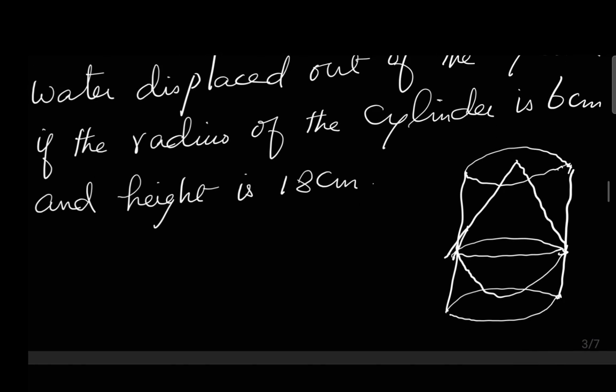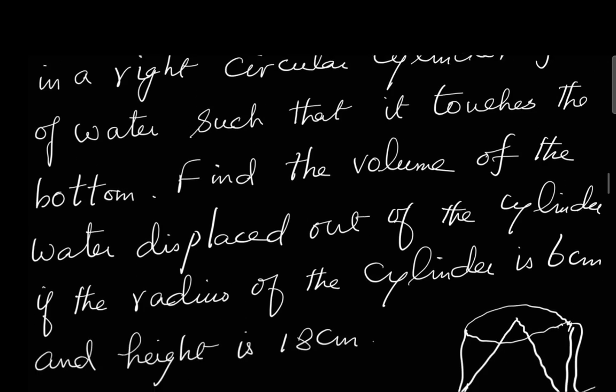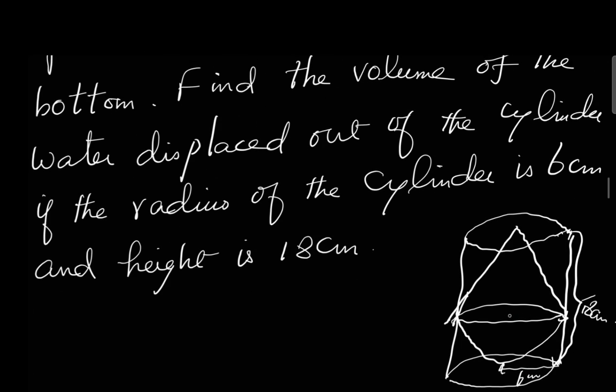First see the units given for the cylinder. The radius of the cylinder is 6 centimeter and the height of the cylinder is 18 centimeter. Now come to the right circular cone of height 12 centimeter. The radius is the same for both the cone and the cylinder, 6, but the height they have given is 12 centimeter.